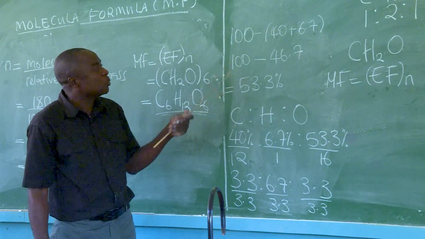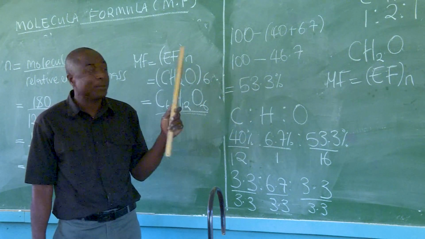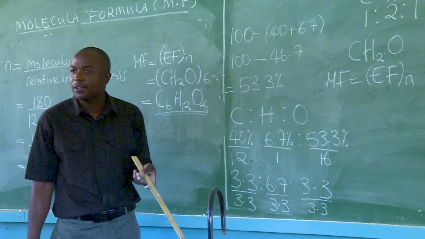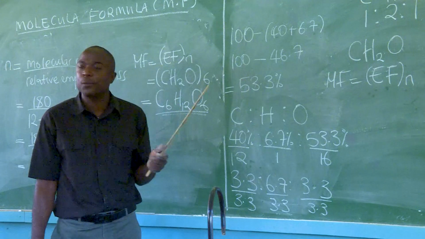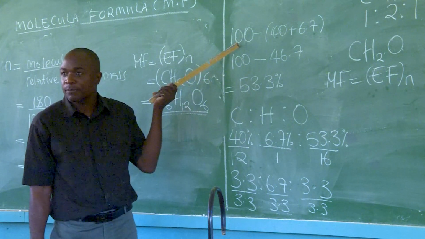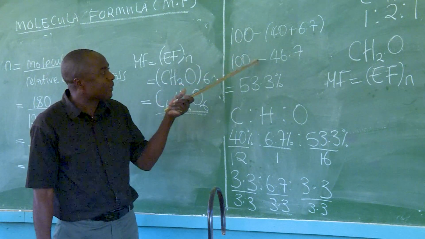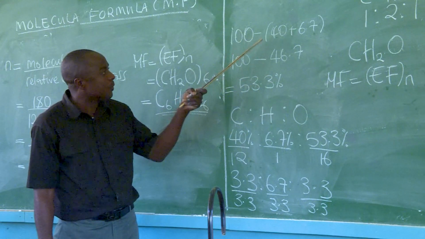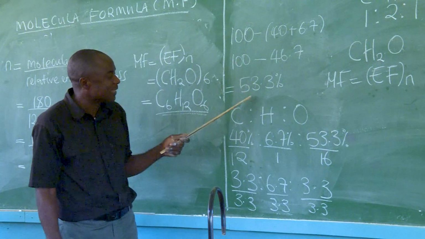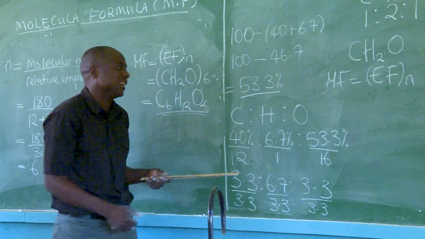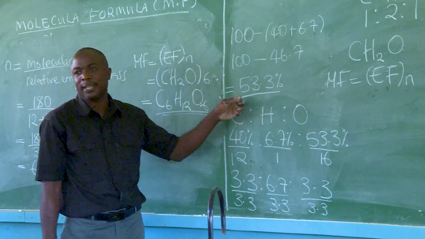That's why, to find the percentage composition for oxygen, you subtract the percentages given from 100, which she has done here. To find the percentage of oxygen, you add this plus that one, then subtract from 100, giving us this 53.3, which was very correct.